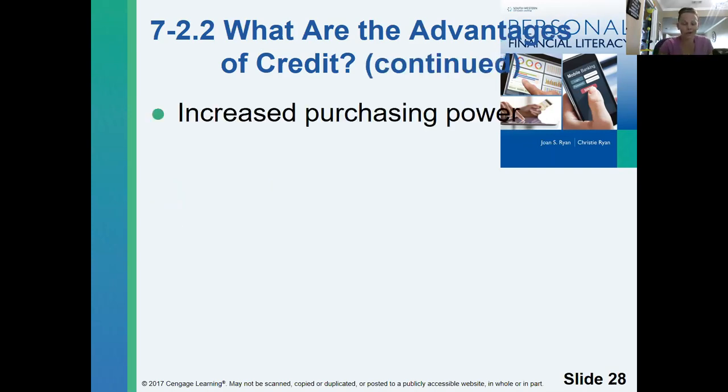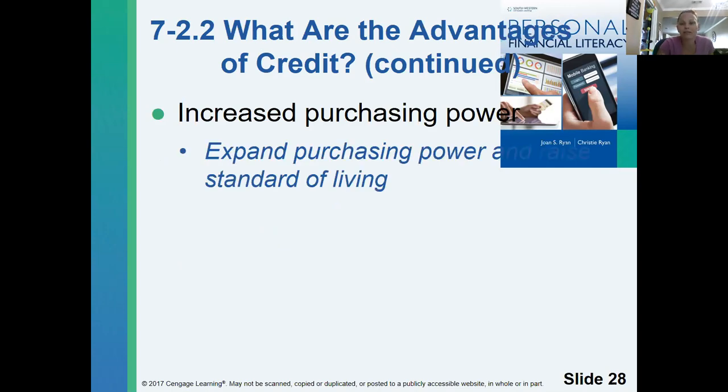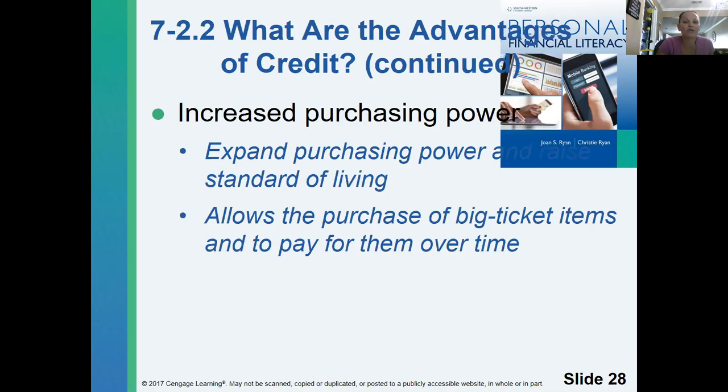Increased purchasing power means it expands your purchasing power and raises your standard of living. It allows the purchase of big ticket items and to pay for them over time. Most people, if they want to buy a house, don't have $500,000 plus just sitting in their bank account.